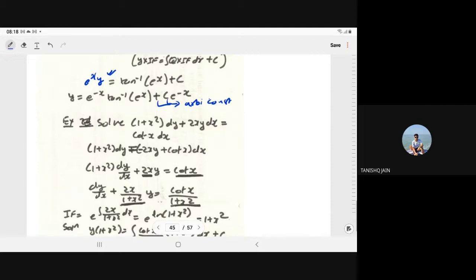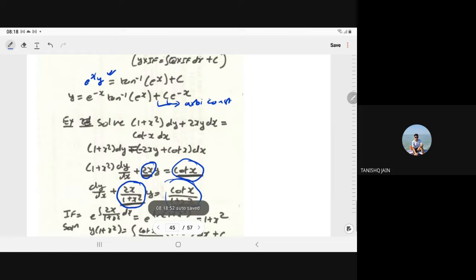So (1 plus x square) dy by dx plus 2xy is equal to cot x. So here you can see this is your P(x) and this is your Q(x). Not this. First you divide by 1 plus x square. So this is your P(x) and this is your Q(x).